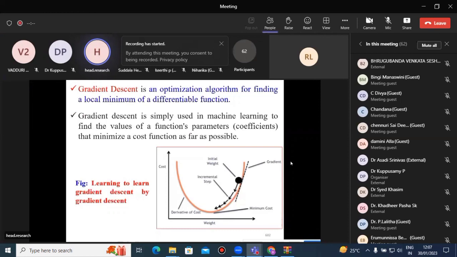We see in the diagram of gradient descent: the x-axis is weight, the y-axis is cost, and the derivative of the cost gives the incremental step from the initial weight.